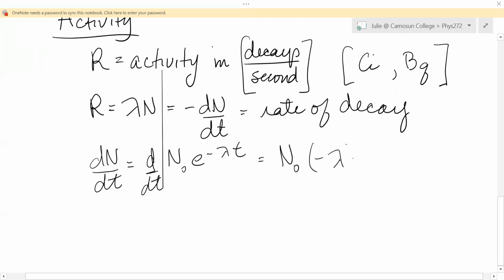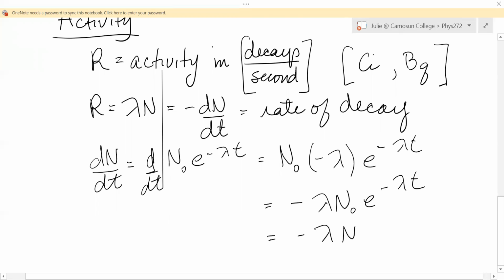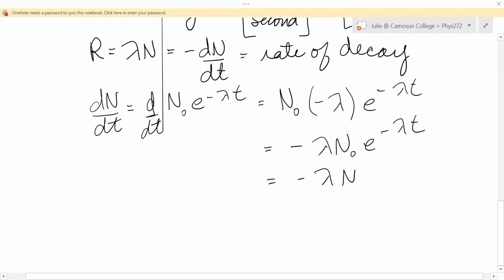Bring down the negative lambda, and then leave e to the minus lambda t, which is equal to minus lambda N0 e to the minus lambda t, which is equal to minus lambda N. Okay, so that's why there's a negative up here in this formula. So R is negative dN/dt, which is negative of negative lambda N, which is the same as lambda N.